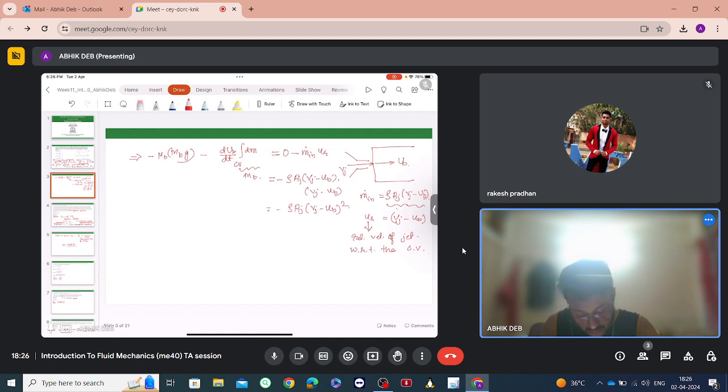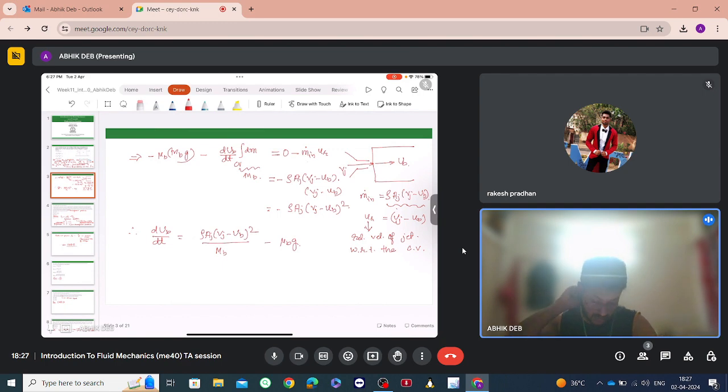Therefore dub by dt, changing the side and taking this to the right hand side, will be rho Aj (Vj minus ub) whole square by mb minus mu g.